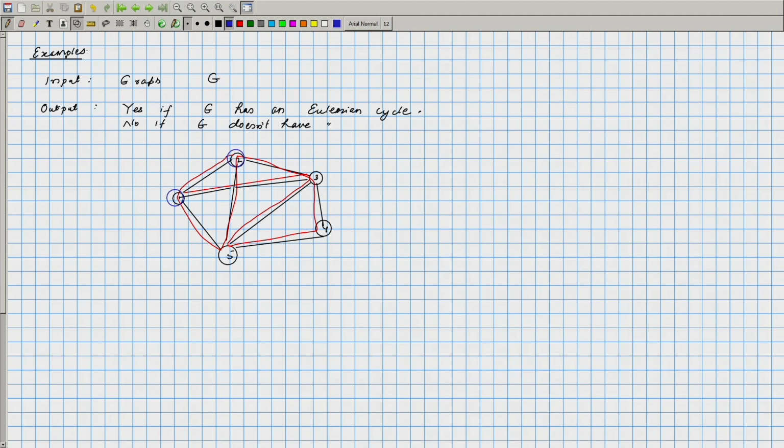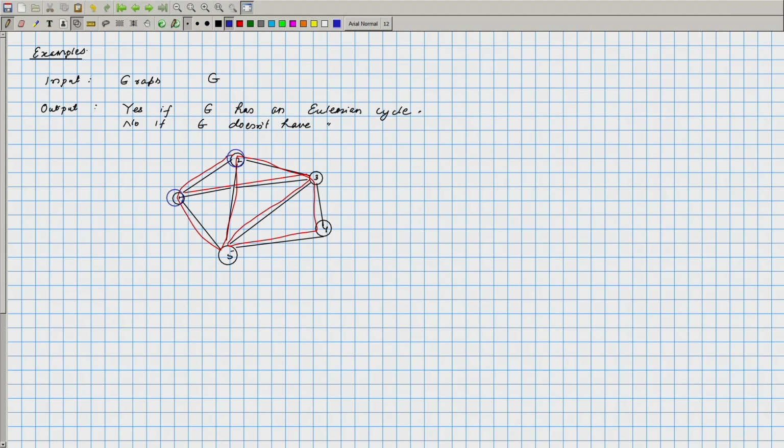Can we do a traversal such that the starting vertex and the ending vertex are the same? In this graph, one can show that it is not possible to do this. So, an Eulerian cycle is a traversal of the edges such that no edge of the graph is traversed more than once, or in other words, every edge has to be visited exactly once. That is an Eulerian cycle.